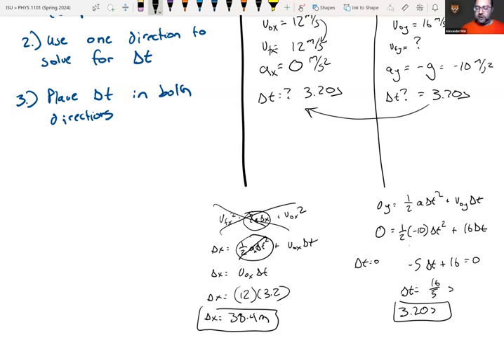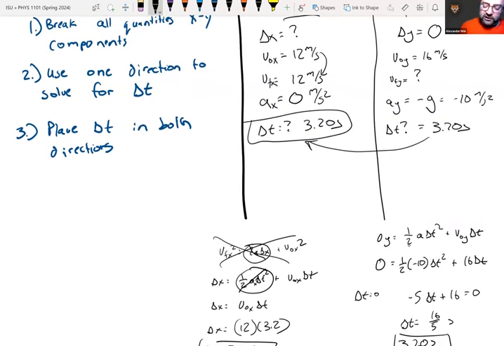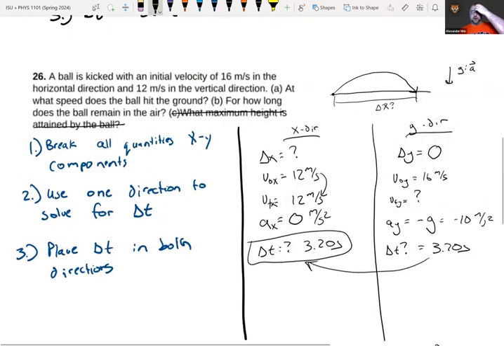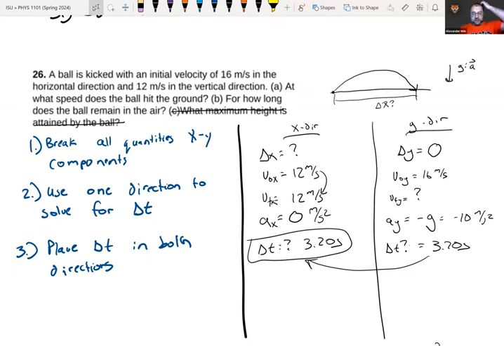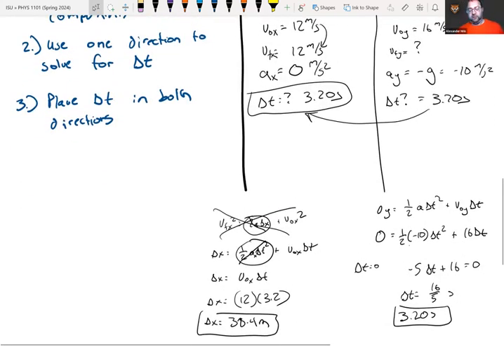Okay, so it turns out we ended up solving for both of these. I've always found it kind of interesting that you can't really figure out part A unless you figure out part B first. Okay, so the ball remains in the air for 3.2 seconds, and you'd find delta x.